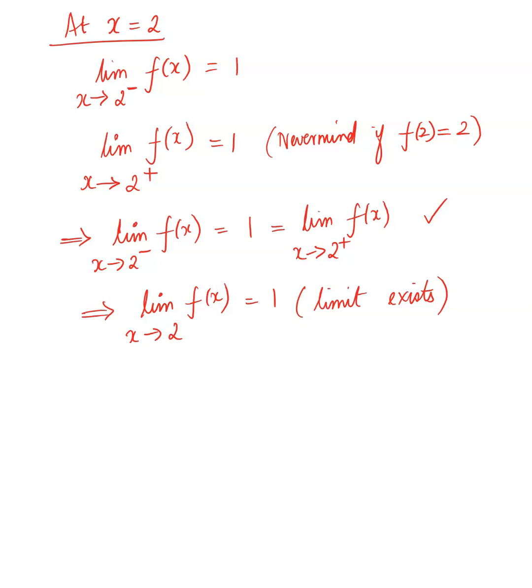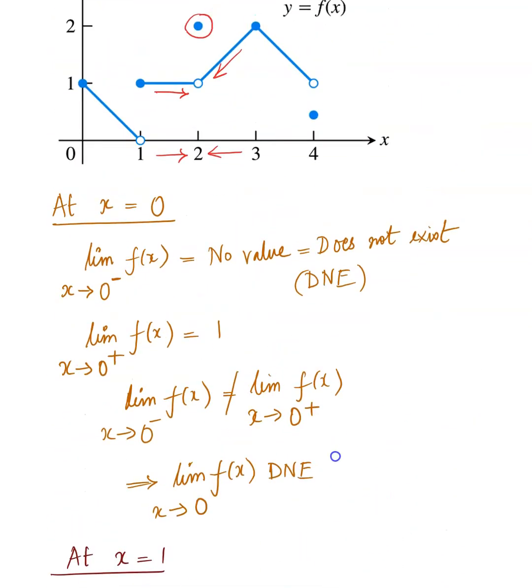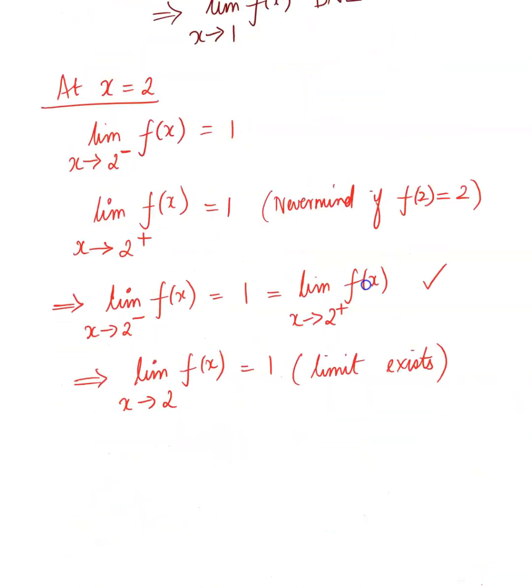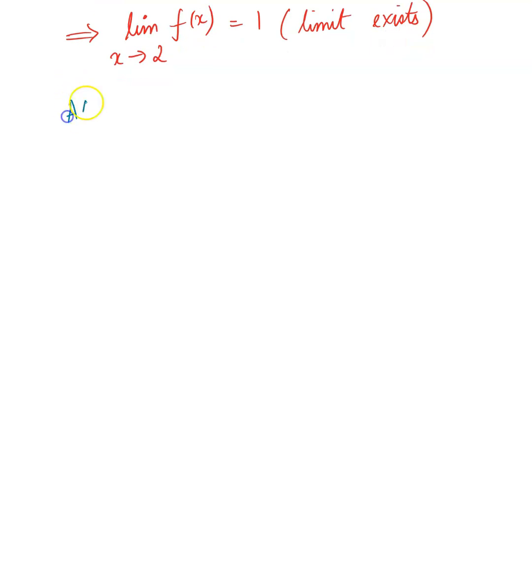Okay, now we'll look at 3. As we approach 3 from the left, this function piece also goes from the left and it gets closer to 2. And as we approach 3 from the right, that piece also gets to 2. So let's write that out here. x approaches 3 from the left.